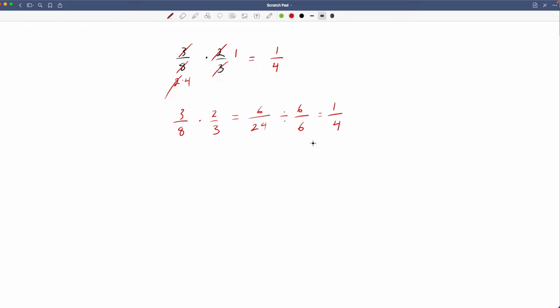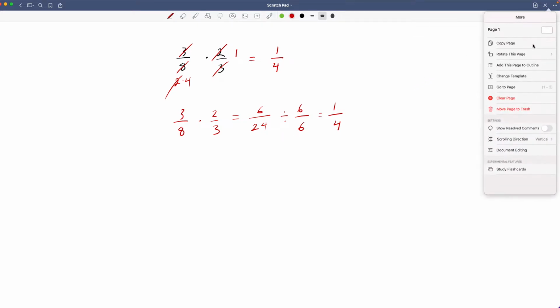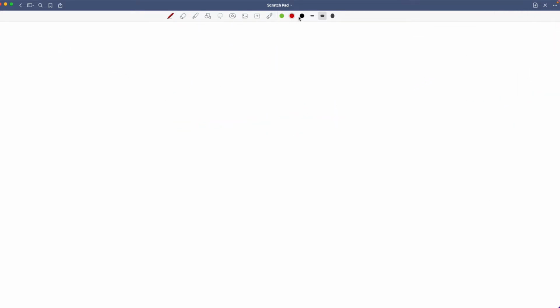So let's go ahead and do that with example problem 19.3. Let me switch back to this one because it shows up better. In 19.3, we are asked to simplify 4 over 9 times 18 over 30. Because this is all multiplication, we can just draw one line and multiply straight across.